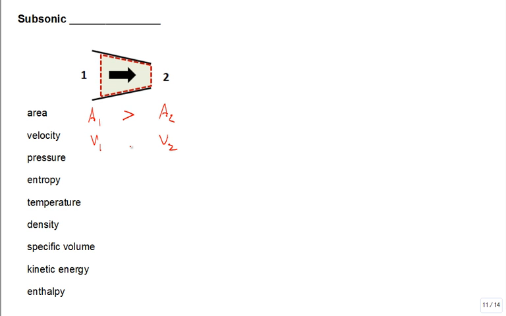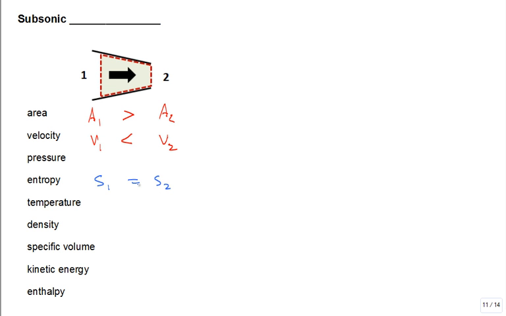So what about the velocity at 2 versus the velocity at 1? We expect the velocity at the exit to be higher, true? And then you just go through the whole thing. What about the pressure at 1 versus the pressure at 2? Yeah, my computer's not writing very well right now. How about the entropy at 1 versus the entropy at 2? We would like a good nozzle.